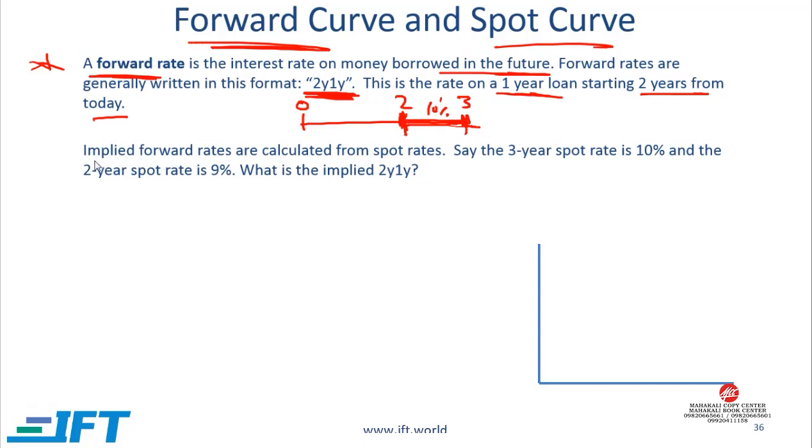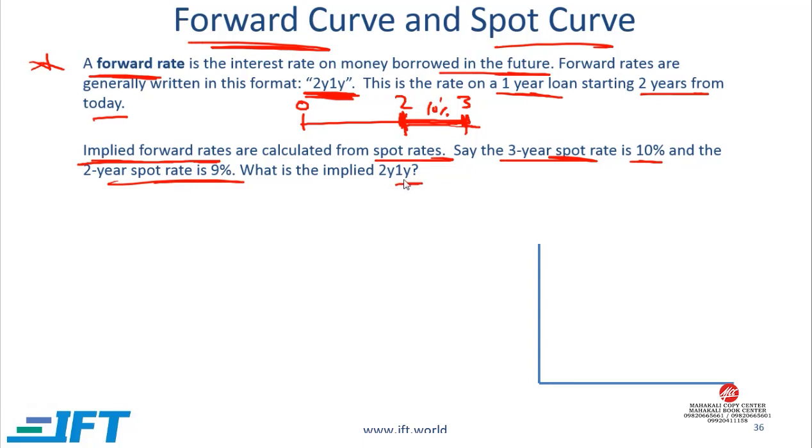You also need to understand this concept of an implied forward rate. Implied forward rates are calculated from spot rates. And we'll work through a simple example. Say the 3-year spot rate is 10% and the 2-year spot rate is 9%. What is the implied 1-year rate after 2 years?